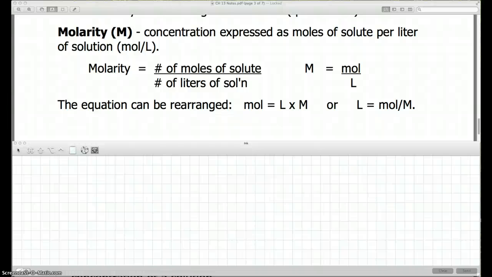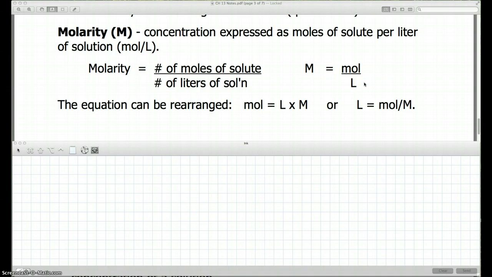Okay, this is the second video for Solutions, Chapter 13. We left off the last video doing an example solving for molarity if I have moles and liters, and then I changed it up a little bit by having grams and liters.